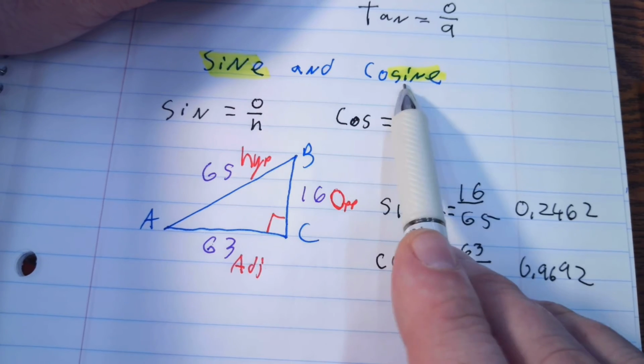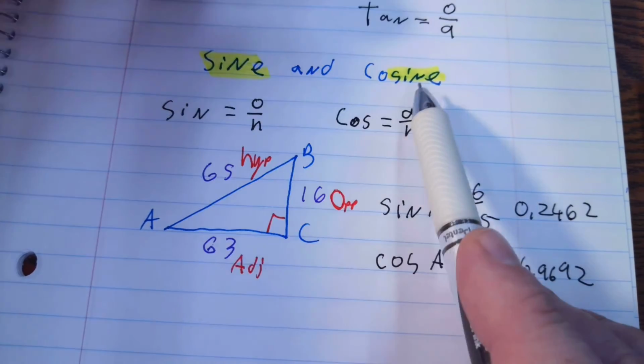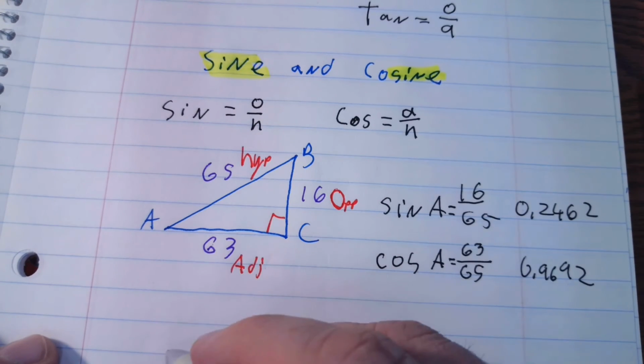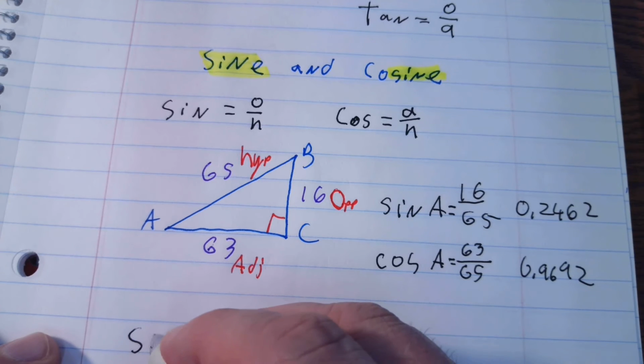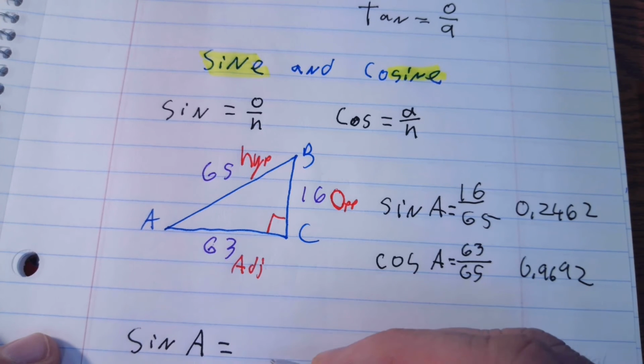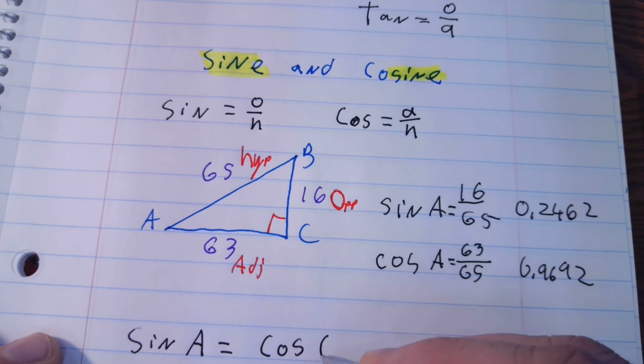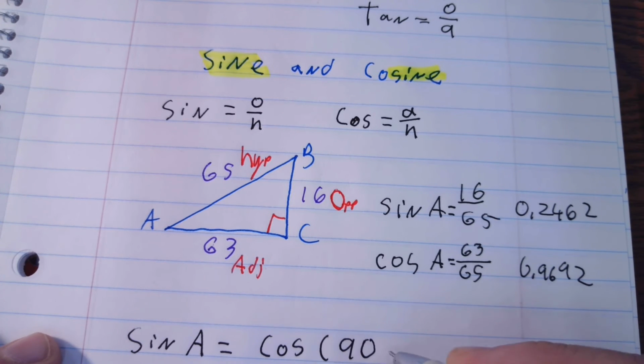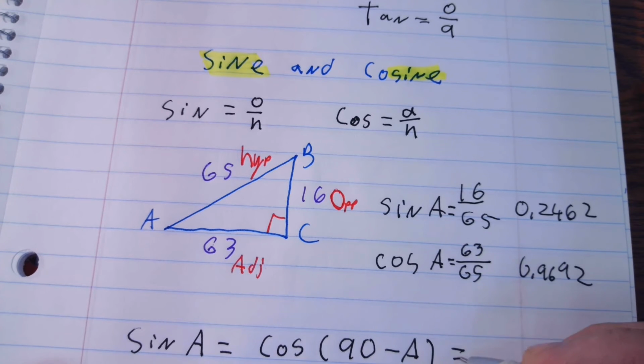But sine and cosine definitely have the same word in them, and so they're related. And so I got a couple formulas for you. Sine A is going to equal cosine of 90 minus A, which also happens to equal cosine B.